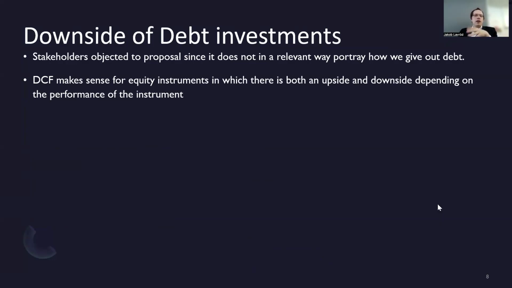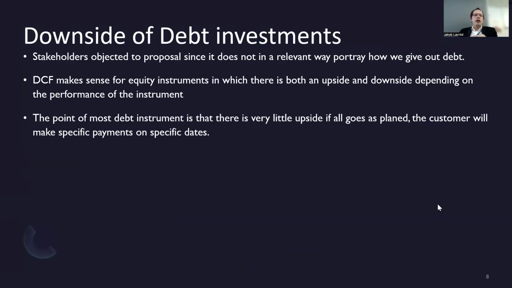As we discussed, in a loan instrument you have a downside because if people don't pay you, you lose all of the principal. But if the borrower pays you as they should, you only have a capped upside. A good example is if you lend to corporations. If the corporations do well, they will pay you.